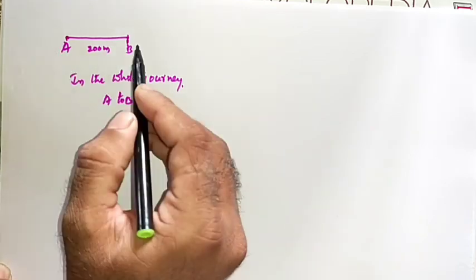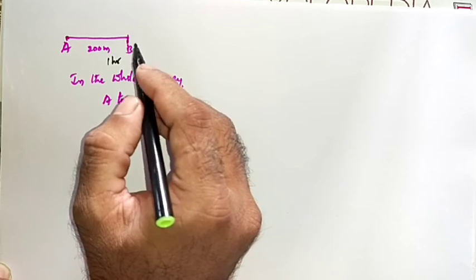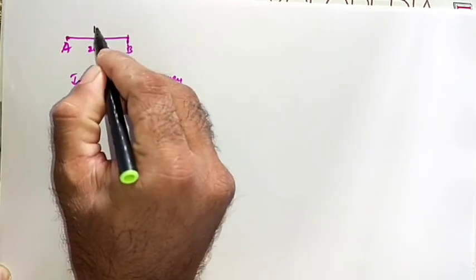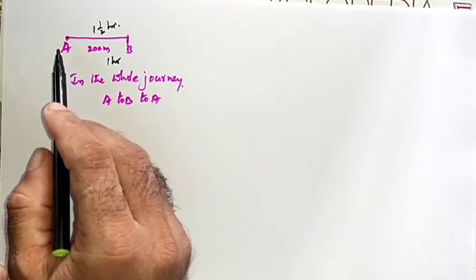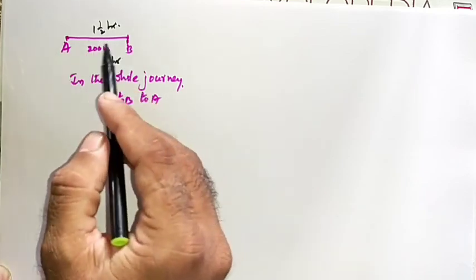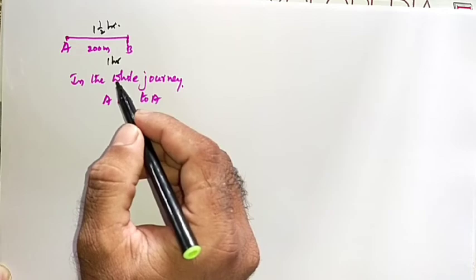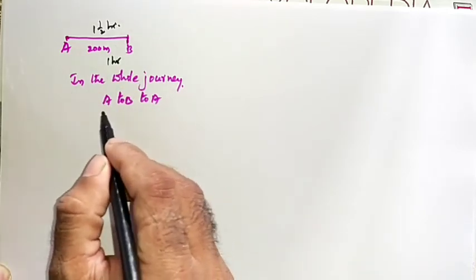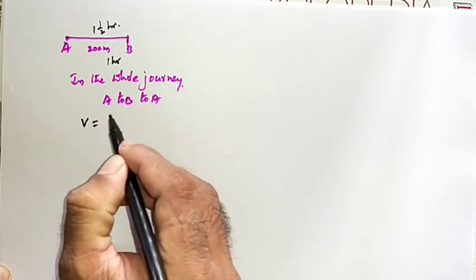Let us say it takes 1 hour to travel from A to B, and it takes 1.5 hours to move from B to A, because while going to school we move very fast, while coming home we come slowly and easily. Now, what is the speed?